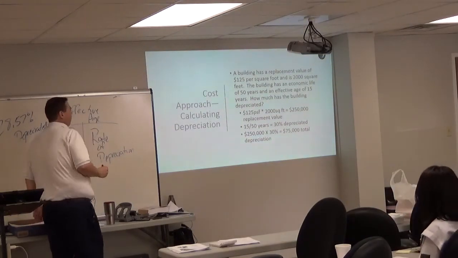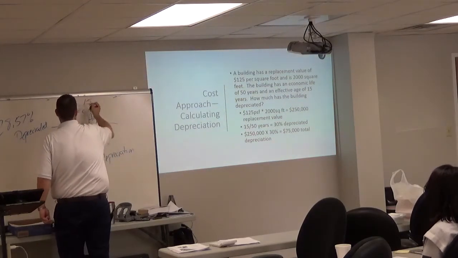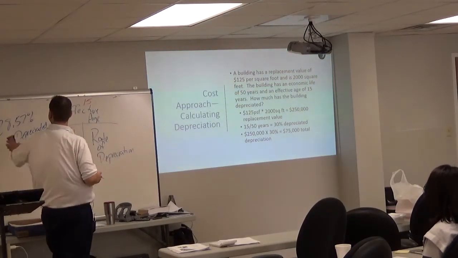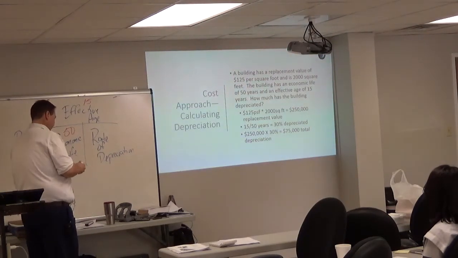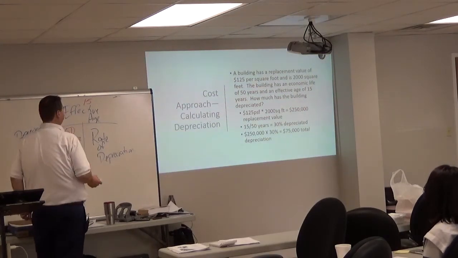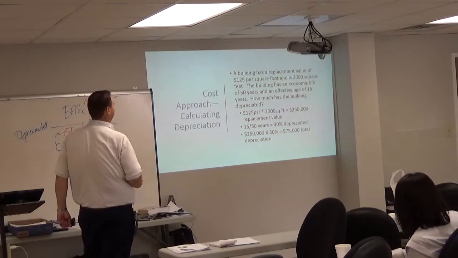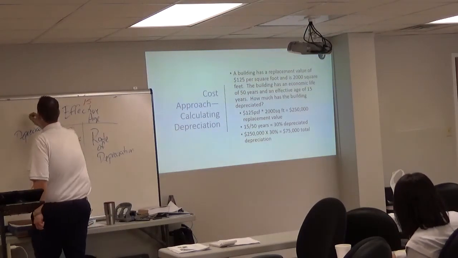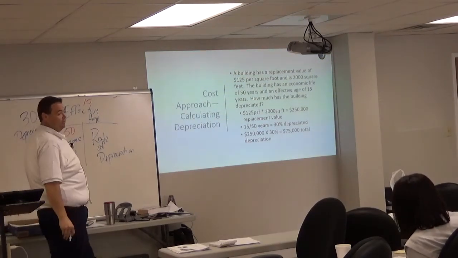And what's the effective age? 15. 15 years. So can you do that math? 15 divided by 50 is 30%, right?